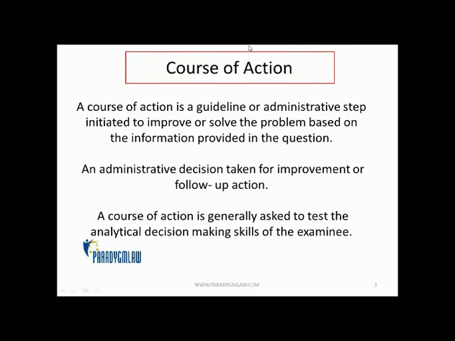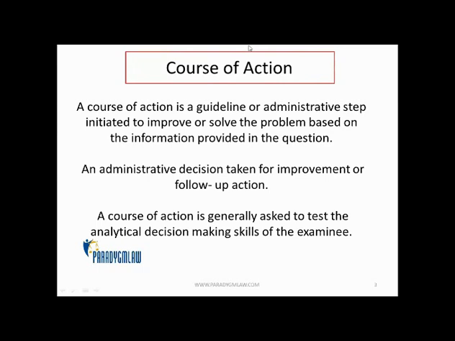So very simply saying, say we have a problem, right, which is given in the form of a statement. And then you're given two options and you have to choose which will be the right course of action. Now here it's very important to understand that we are not looking for an individual's decision making capability, but an administrative step.